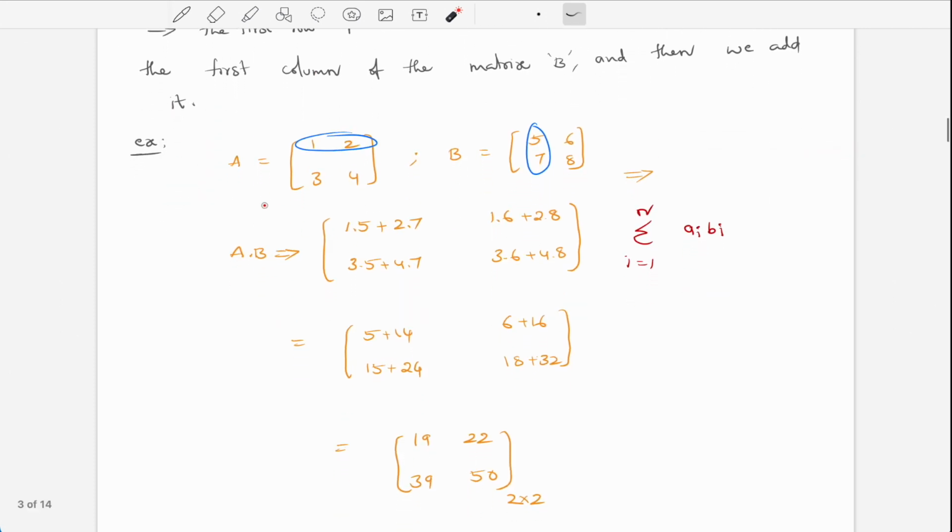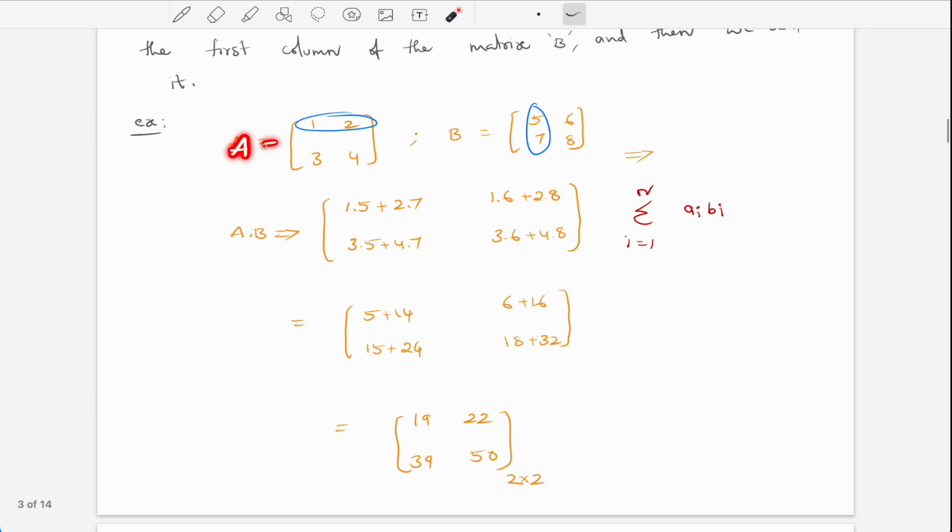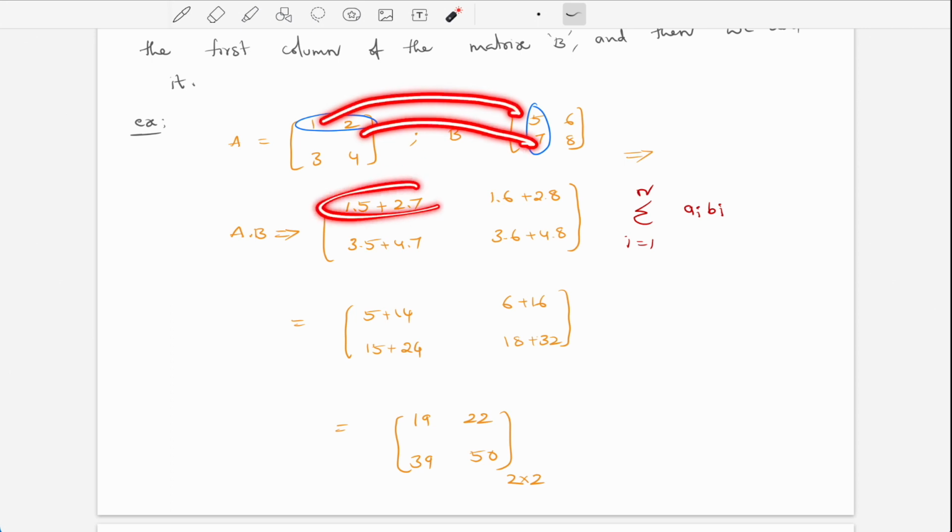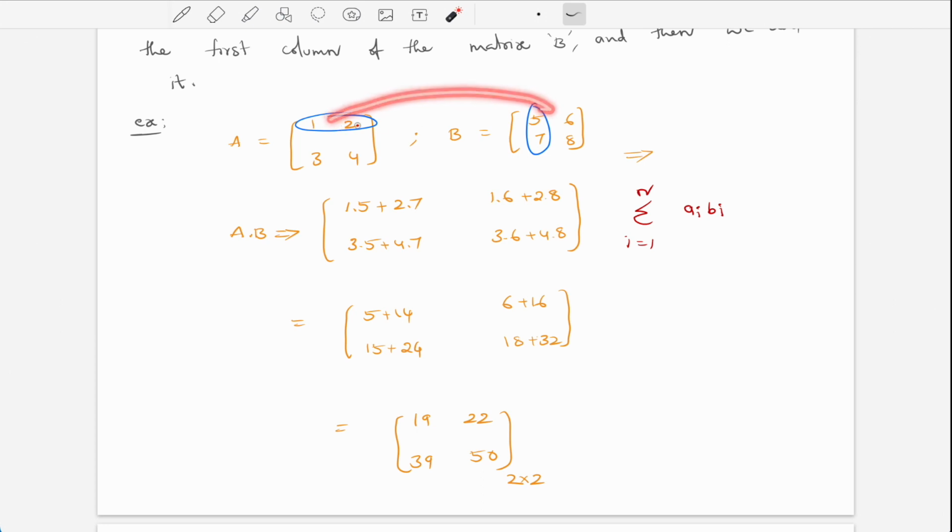For example, as given, we have an A matrix and a B matrix, and if you multiply them, then 1 is multiplied with 5 and 2 is multiplied with 7. After that, 1 is multiplied with 6 and 2 is multiplied with 8.